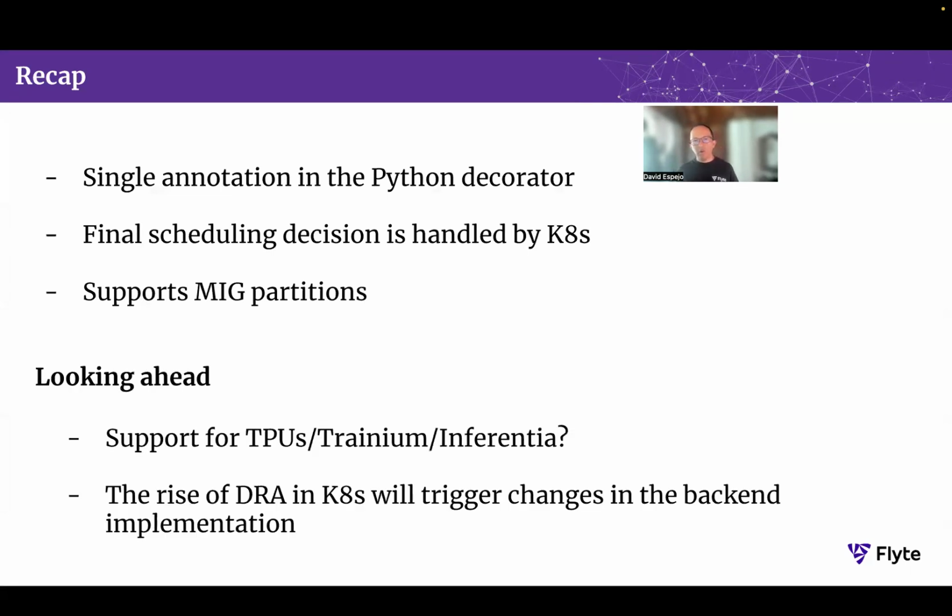So some of the future work: how to support TPUs, for example, or other kinds of inference chips like Trainium or Inferentia from Amazon. I've seen folks using Flyte with TPUs, but using pod templates.